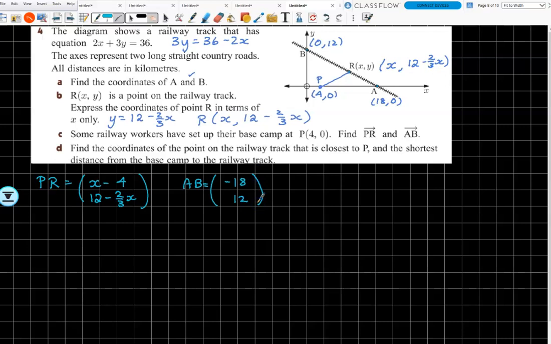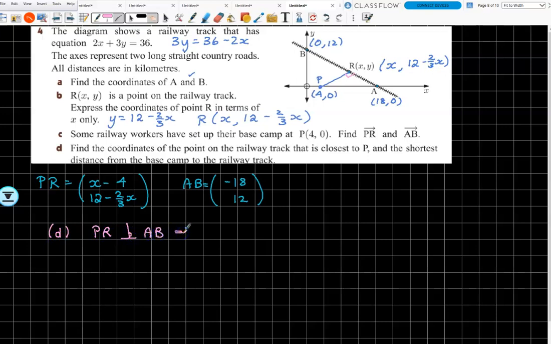They could almost say, hence, find the coordinates of the point on the railway track that is closest to P. So basically, what we're trying to find is when, for any point, is that perpendicular? So when is PR perpendicular to AB?